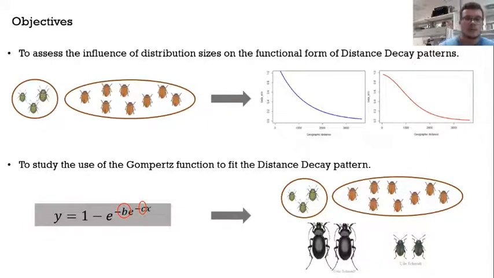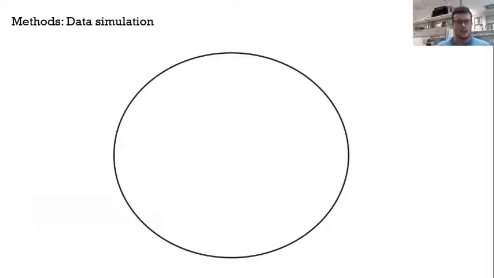To assess the influence of the species distribution size on the form of the distance decay, we first simulate some distance decay data. To do that, we simulate species distributions as circular spatial polygons of different size.